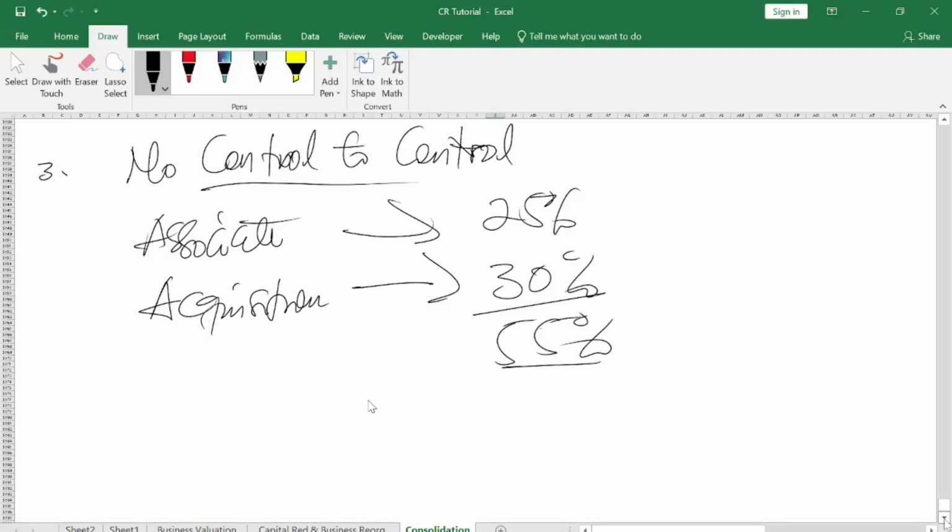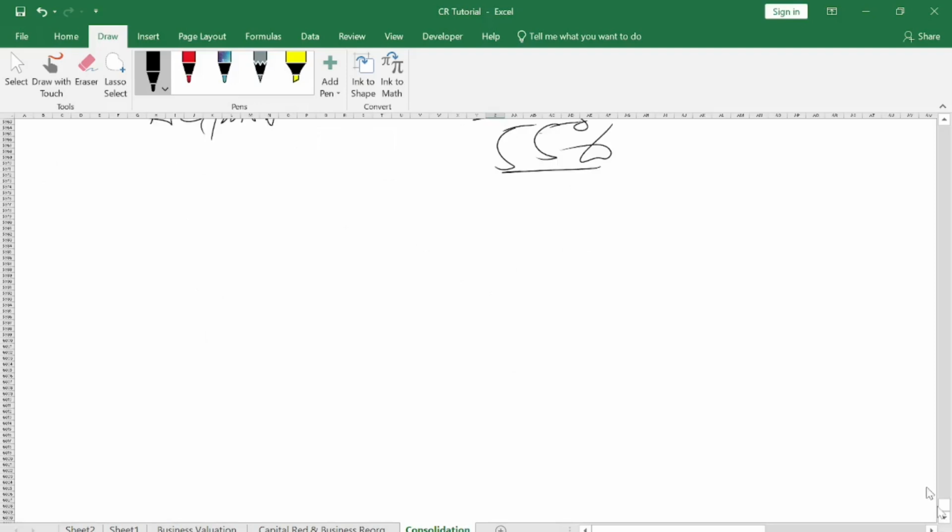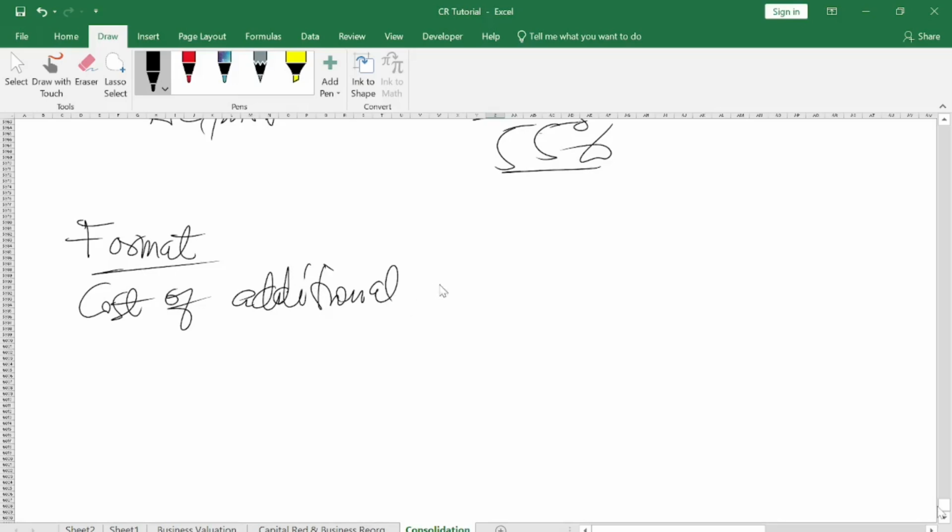Good. So how do we deal with the matter of no control to control? That one too has a format. When you get the format, you see how easy it is. So this is the format. One, you will find the cost of additional investment.